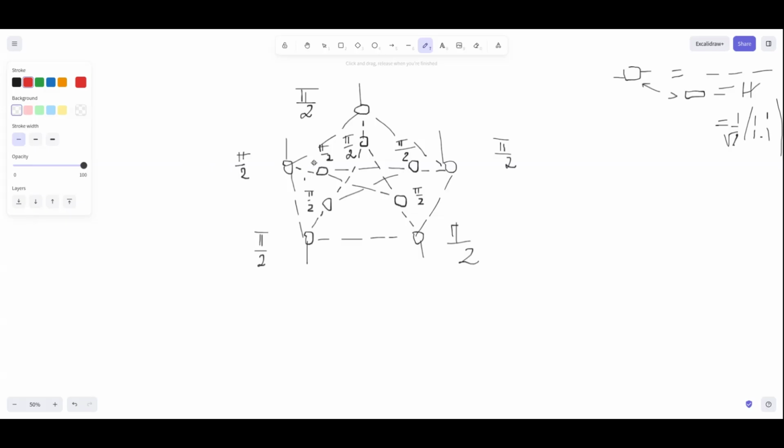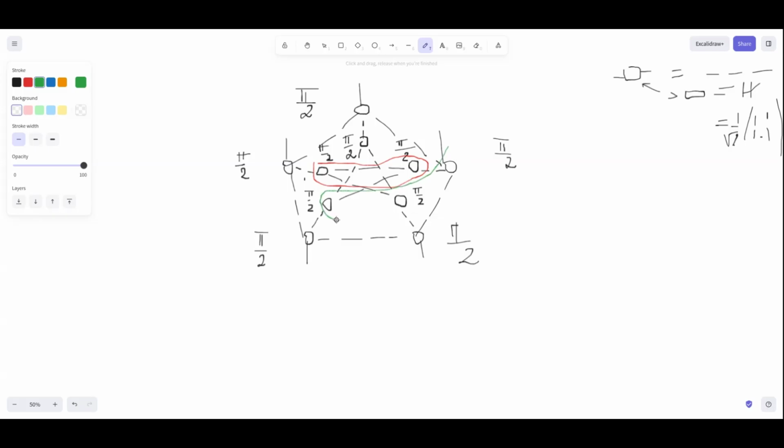So for example, we can take these two nodes and do a pivoting about them. So you see these two nodes, this node has in common this node and this node.